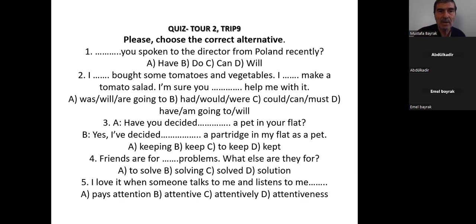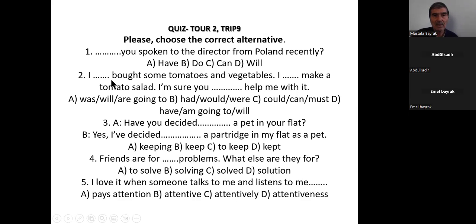Okay, question 2. I blank bought some tomatoes and vegetables. I blank make a tomato salad. I am sure you blank help me with it. So I am sure you will. Okay, let's look for the answer.